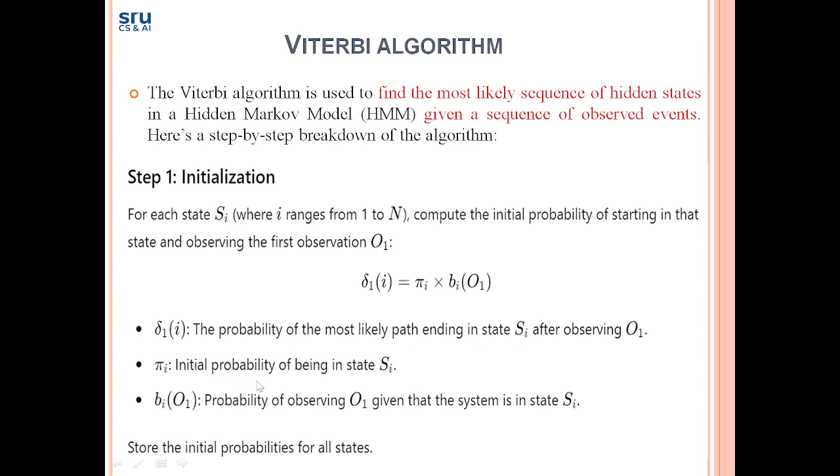Pi i is the initial probability of being in state Si, then b i of O1 is the probability of observing O1 given that the system is in state Si. Store the initial probability for all states.